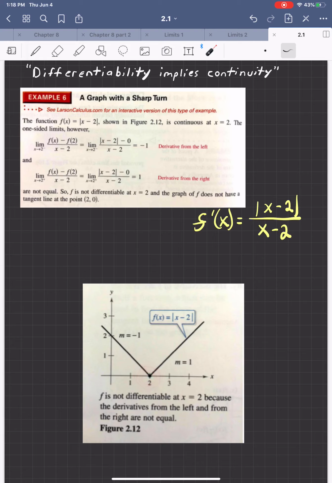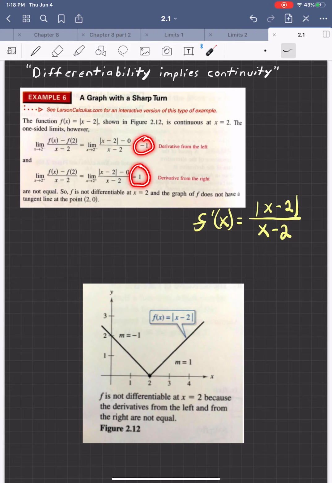I'm going to say that one more time, because if I'm you right now, I'm daydreaming. The derivative exists everywhere here except at this particular point when x is equal to 2. When x is equal to 2, you can see that the limit does not exist.